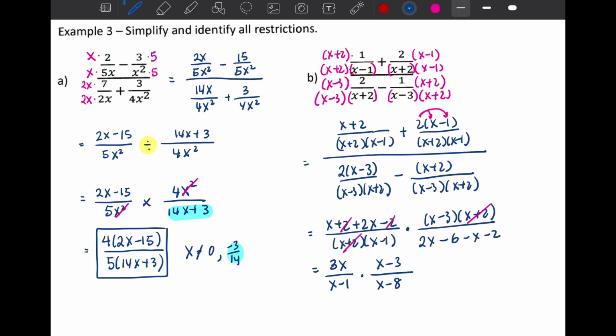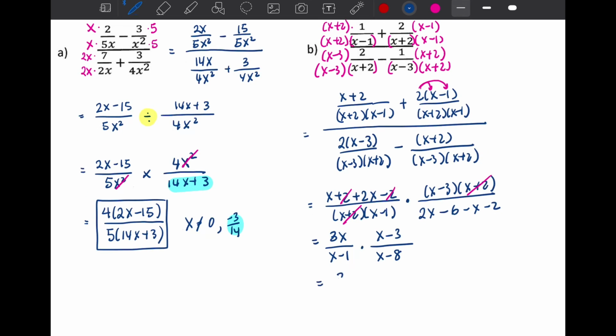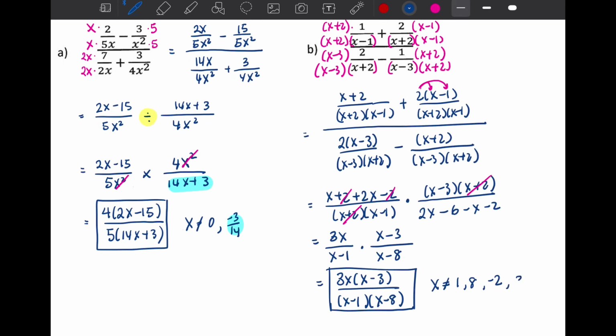Okay, looks like I can't simplify any further, so this is equal to 3x times (x minus 3) all over (x minus 1) times (x minus 8). Non-permissible values are 1, 8, -2, and 3.